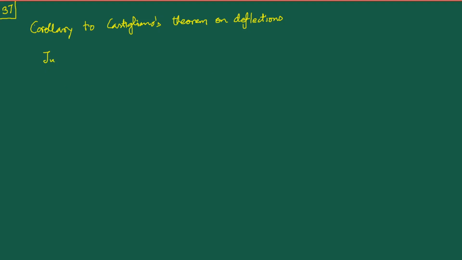Just like we have U dash, F bar equal to del U dash del F, this was exactly Castigliano's theorem on deflections.